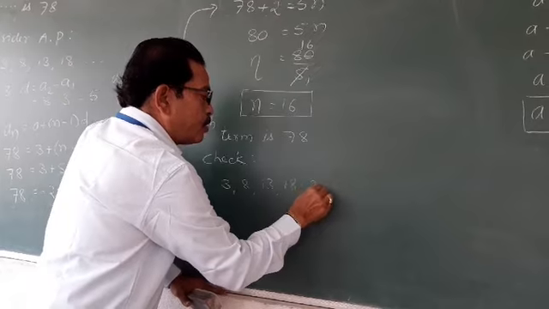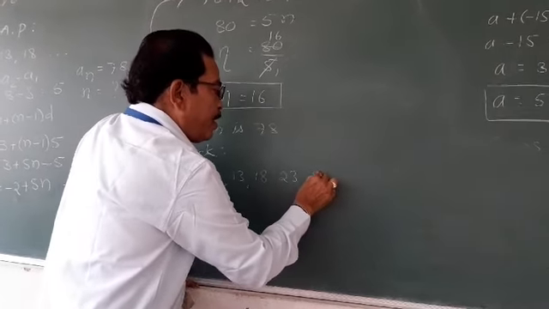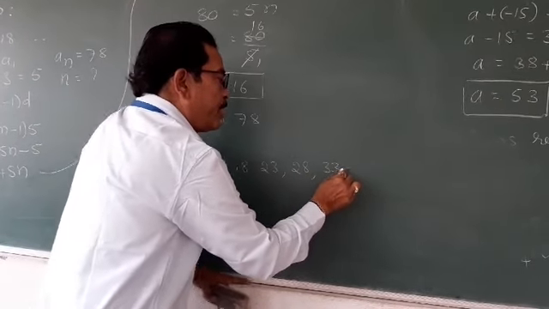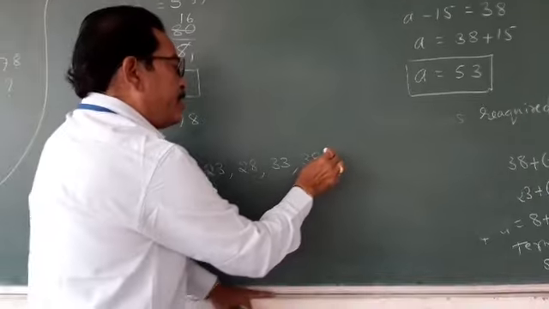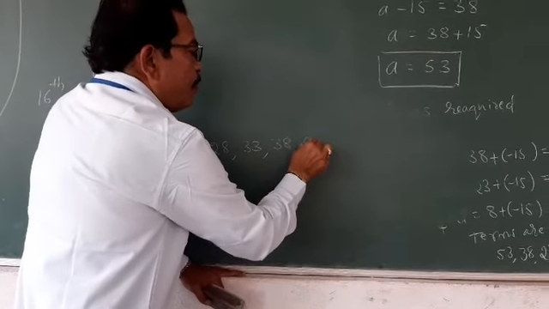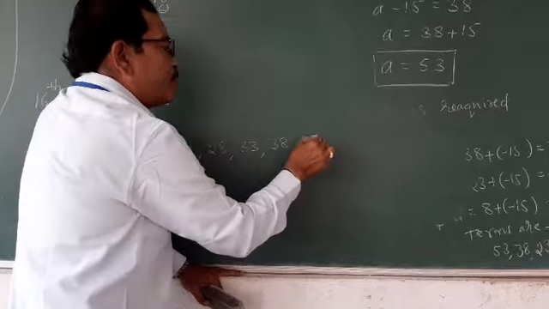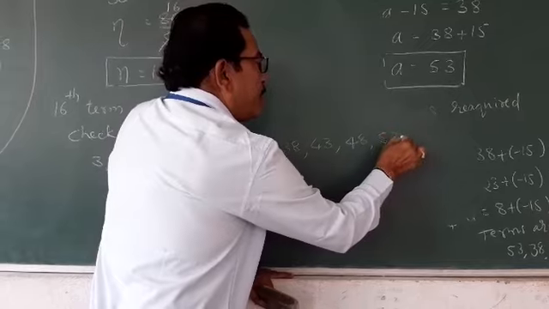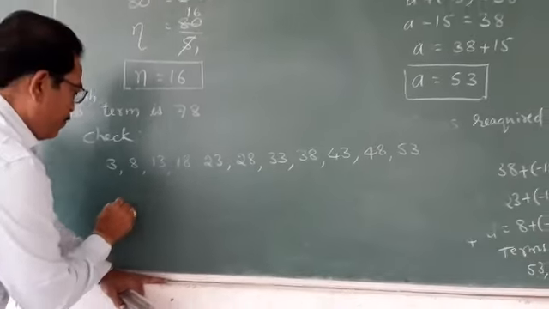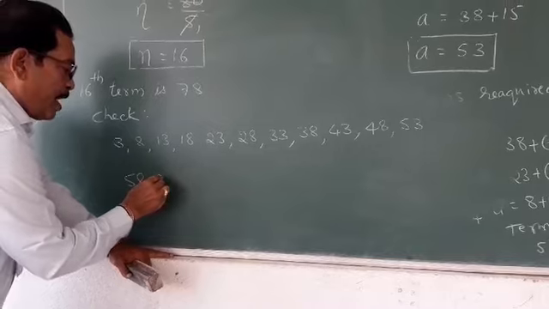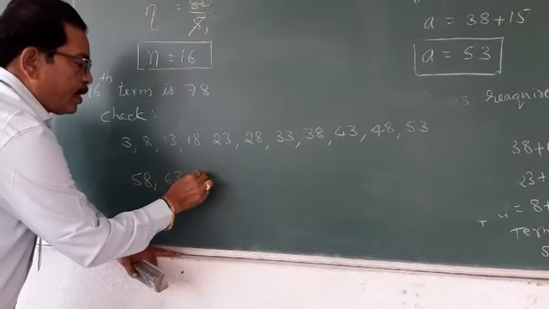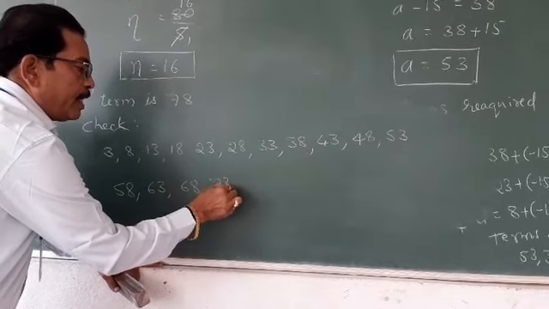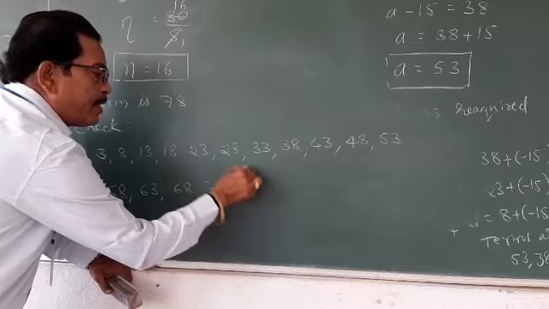18 plus 5, 23. 23 plus 5, 28. 28 plus 5, 33. 33 plus 5, 38. 38 plus 5, 43. 43 plus 5, 48. 48 plus 5, 53. 53 plus 5, 58. 58 plus 5, 63. 63 plus 5, 68. 68 plus 5, 73. 73 plus 5, 78.